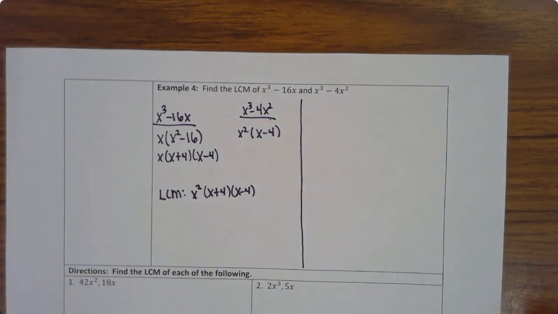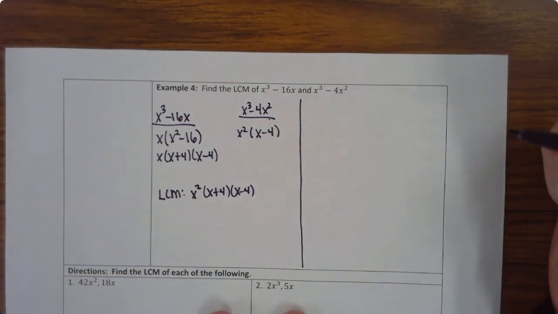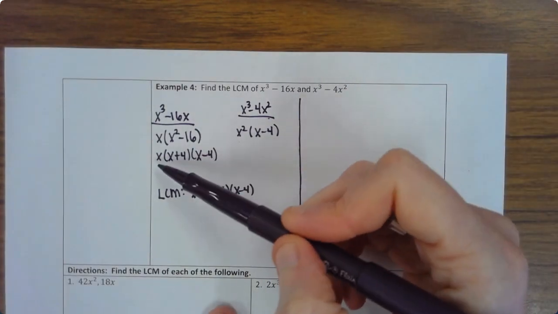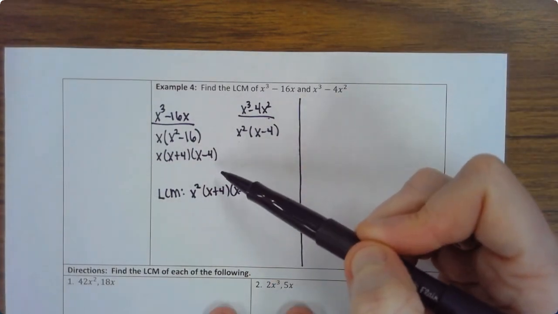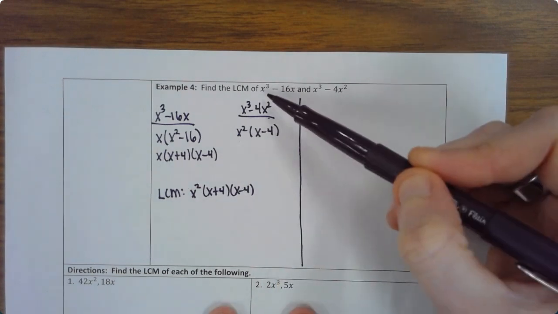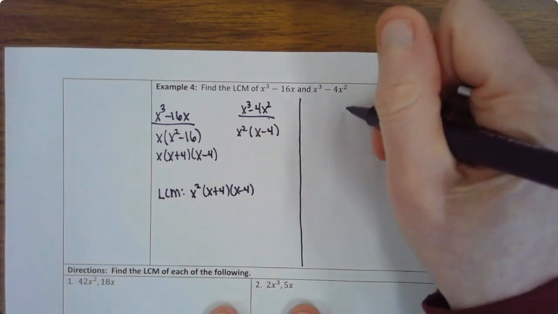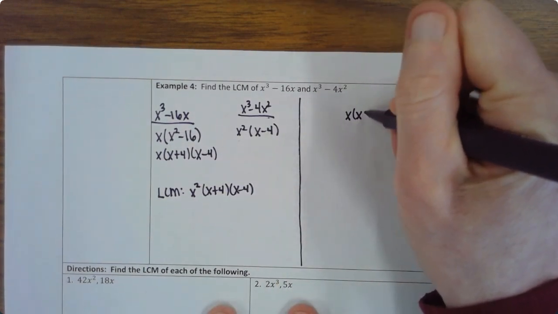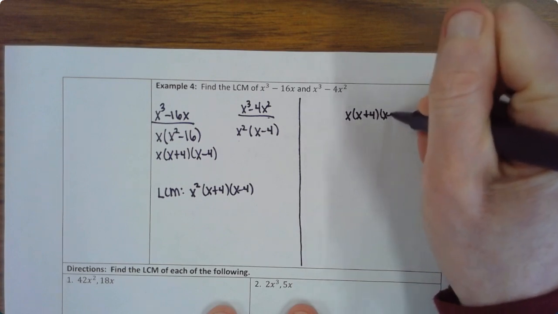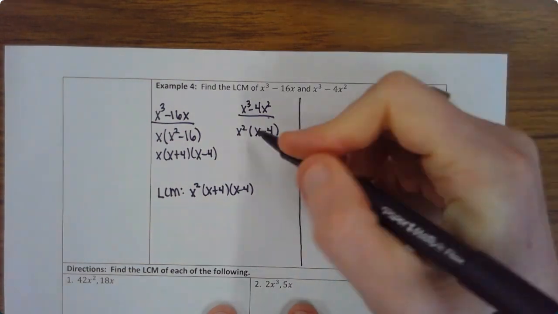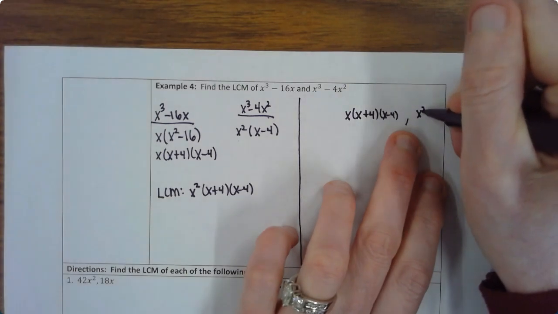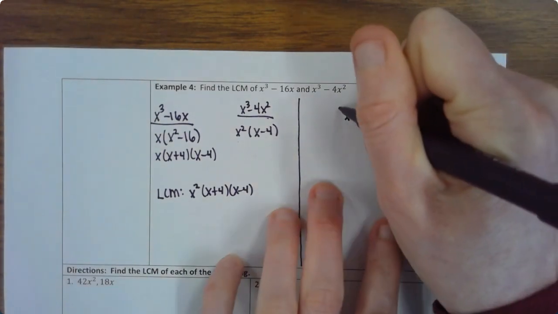If you wanted to use the upside down cake or ladder method, again, you would really want to start by getting it into that fully factored form first. So I would take the x cubed minus 16x and go through this process here. And I would get x times the quantity of x plus 4 times the quantity of x minus 4. And then I would have my x squared and then x minus 4.